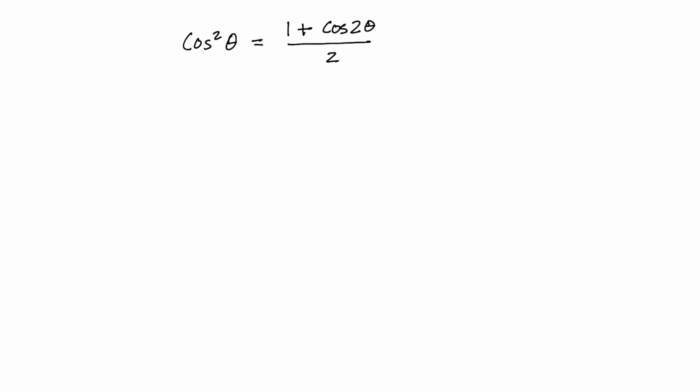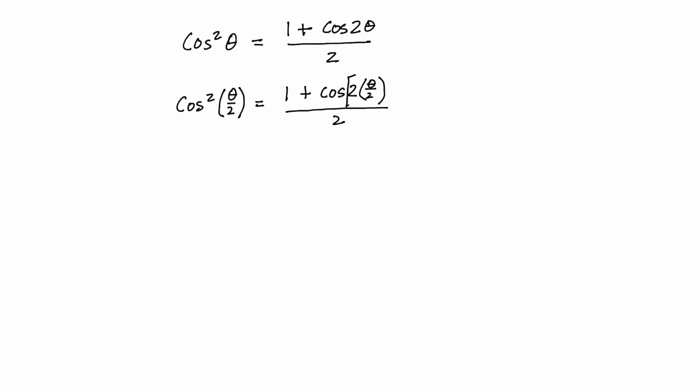And let's take a look at what happens if we substitute theta over 2 in for our theta. So every theta is going to be a half. If I rewrote this top part here, we have 1 plus cosine 2 of theta over 2, and of course, this is all over 2.